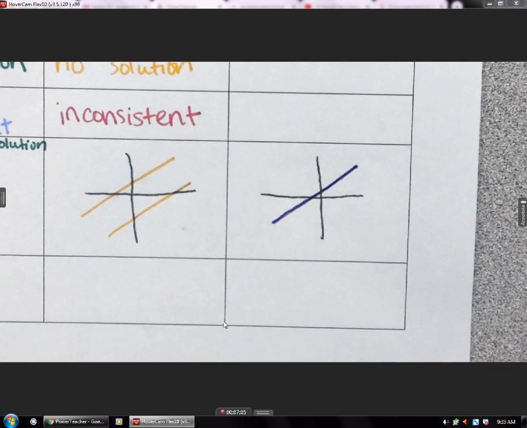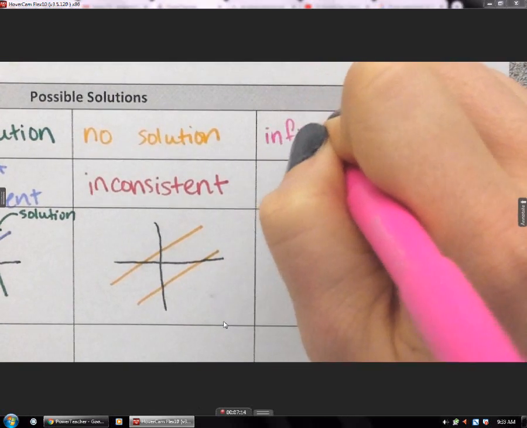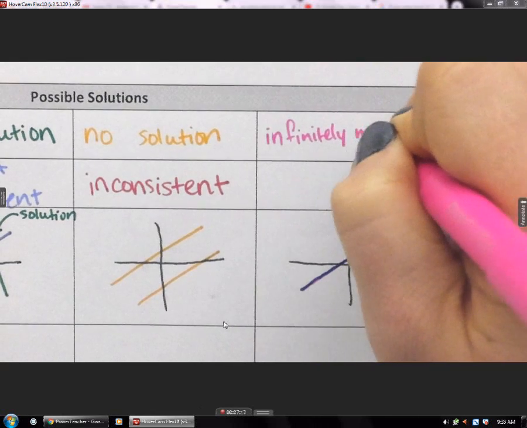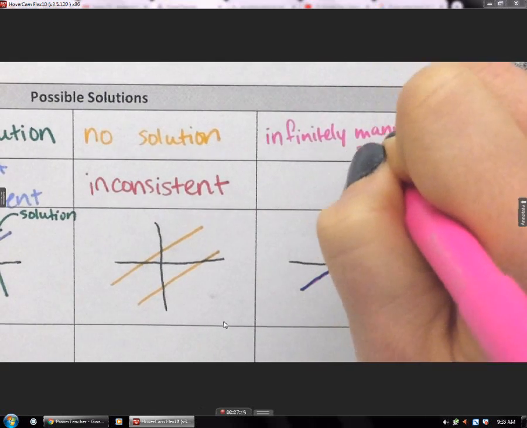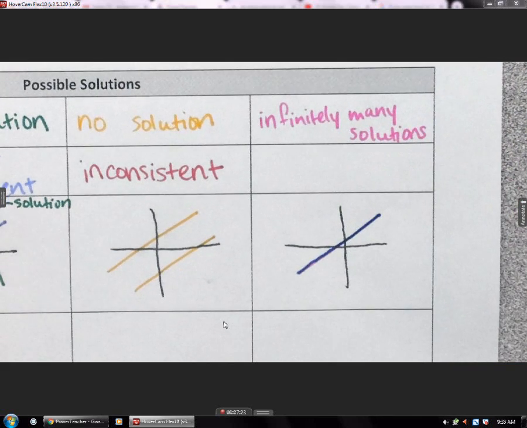How many graphs are there? 2, but it looks like there's 1. This has infinitely many solutions. Sometimes we abbreviate them IMS.